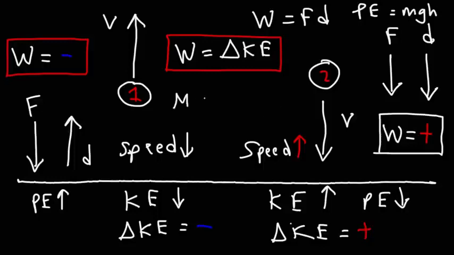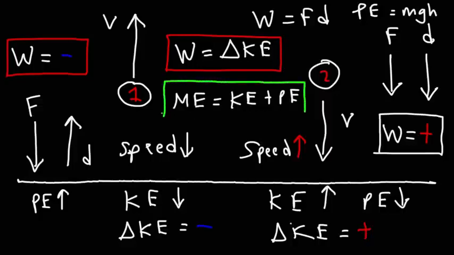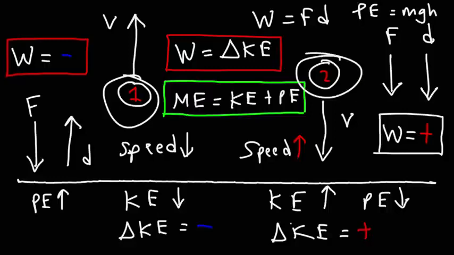Now the sum total of an object's kinetic and potential energy is the mechanical energy. Mechanical energy is conserved when the only forces acting on the object are conservative forces. Gravity is a conservative force. Here, gravity decreases the kinetic energy of the object, but here it increases it.